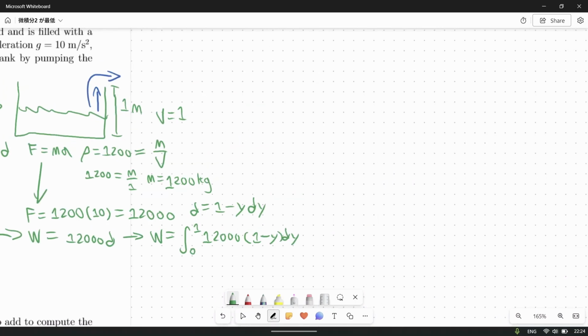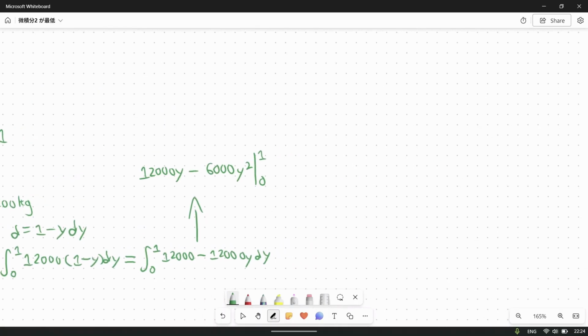Now that we have this integral, we can evaluate it. It simplifies to the integral from 0 to 1 of 12,000 minus 12,000y. That turns into 12,000y minus 6,000y squared, evaluated from 0 to 1.